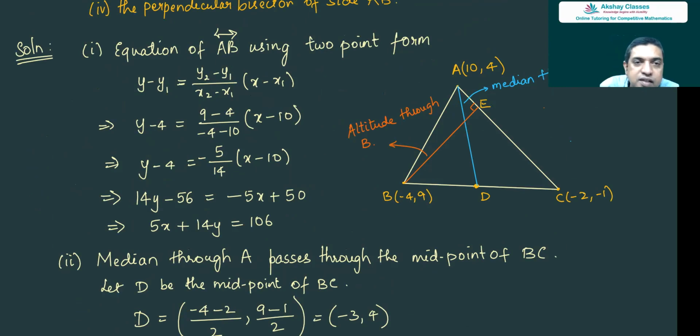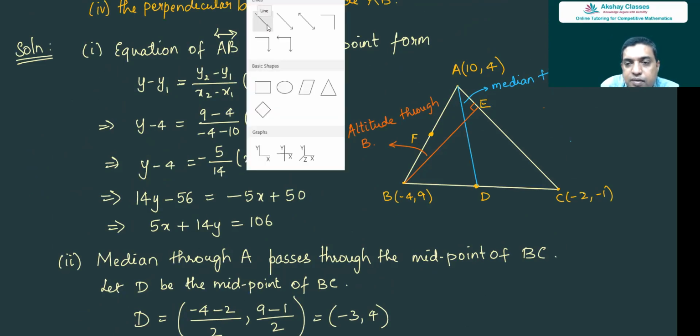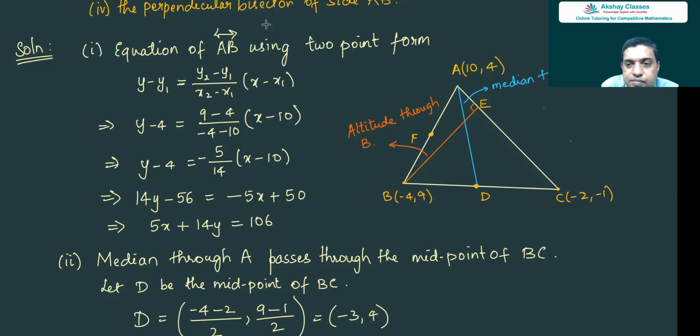So it passes through the midpoint of AB and it will be perpendicular to AB.